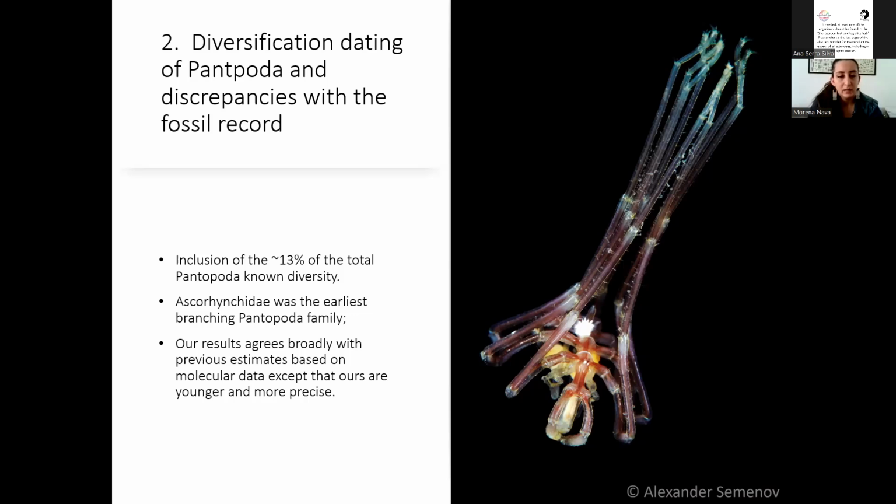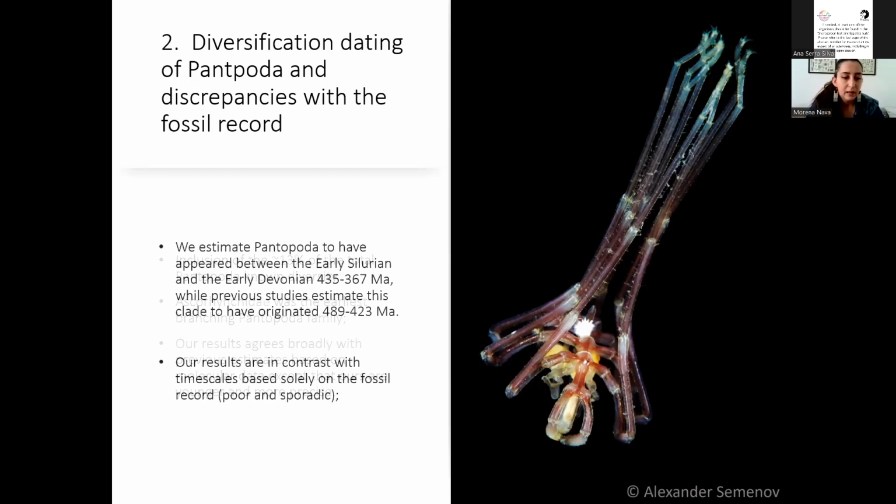Most of the intervals in our case are smaller, so they are more precise, and they tend to be a bit younger. The main difference is related to the age of pantopods. We estimate that they are around 60 million years younger compared to the previous study.